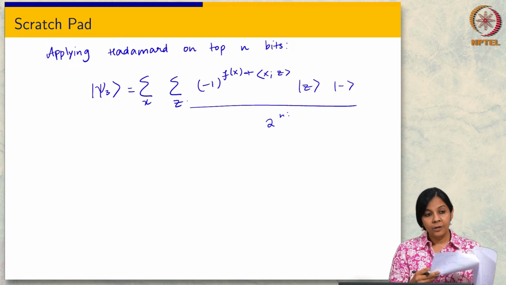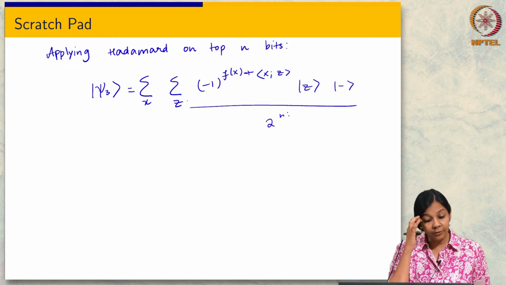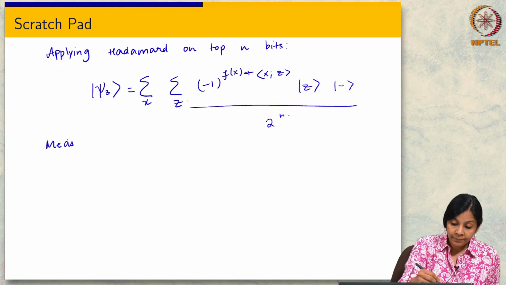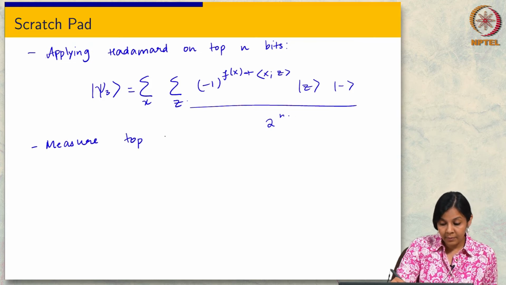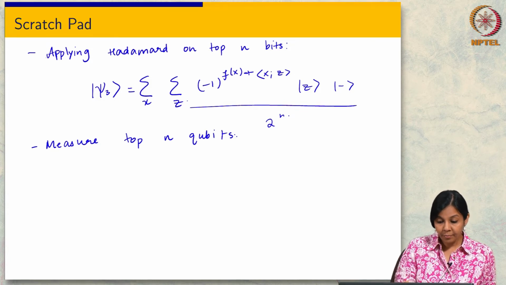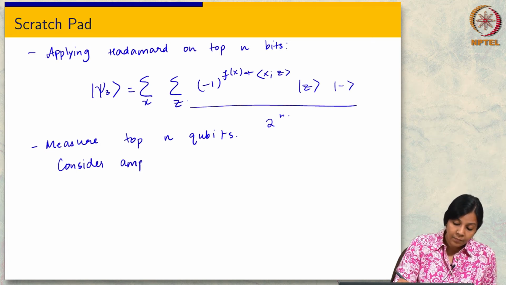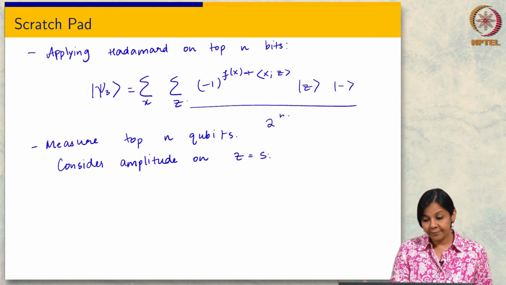Okay. So now we measure. We are going to forget about the last bit and we will measure the top n bits, and consider the amplitude on z equal to s itself.